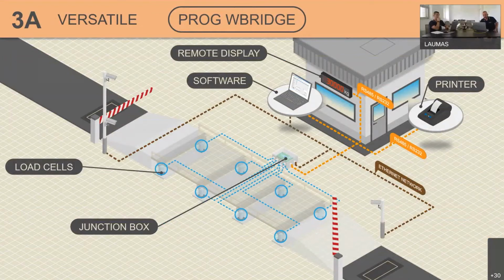Now we can check the third solution that we called versatile. And again, we propose two options, A and B. The versatility of these solutions is mainly given by our brand new software for track scales called Prog W Bridge.